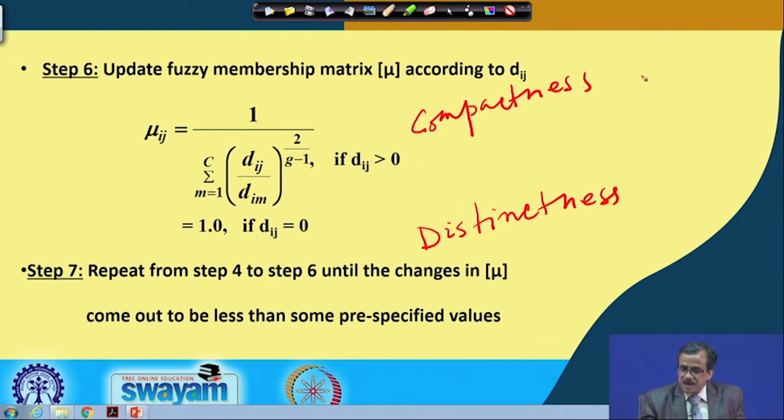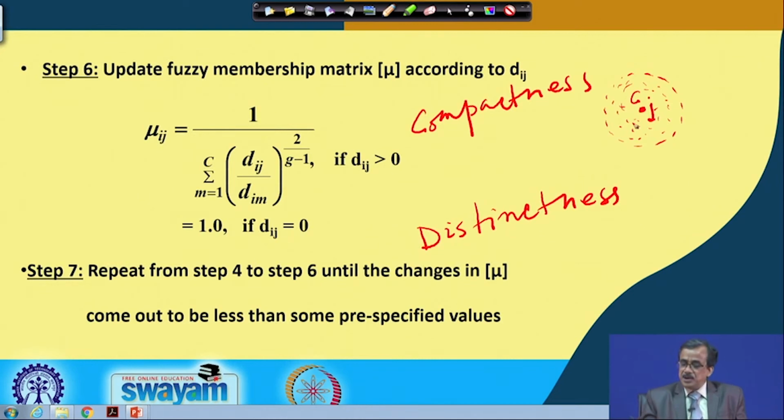Supposing that I have one fuzzy cluster something like this, and I have a cluster center. Supposing that the cluster center of the jth cluster is denoted by C j. Surrounding this jth cluster, there will be a large number of members following the cluster center.